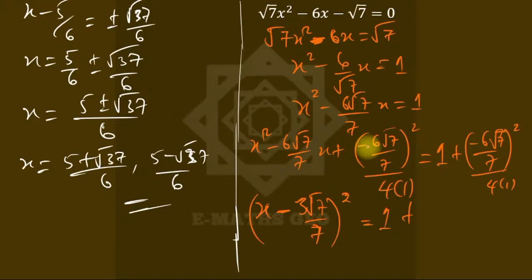We expand this one. 6 squared is 36. Root 7 squared is 7. 7 times 7 is 49. So I have 36. Do you get? Negative 6 squared is 36. That's the 36. Root 7 squared is 1 over 7.